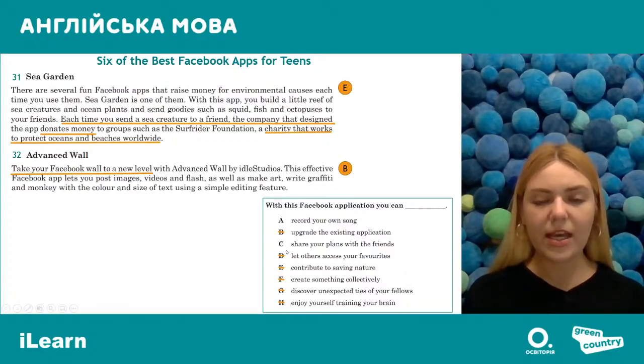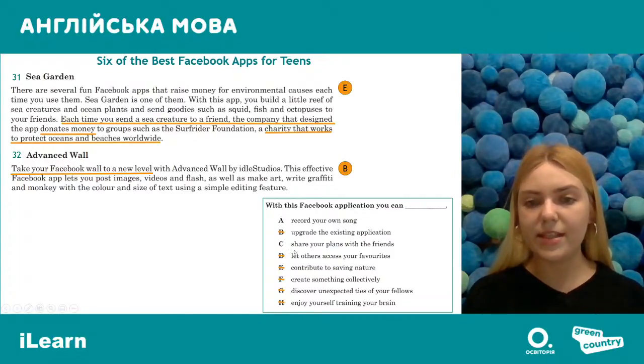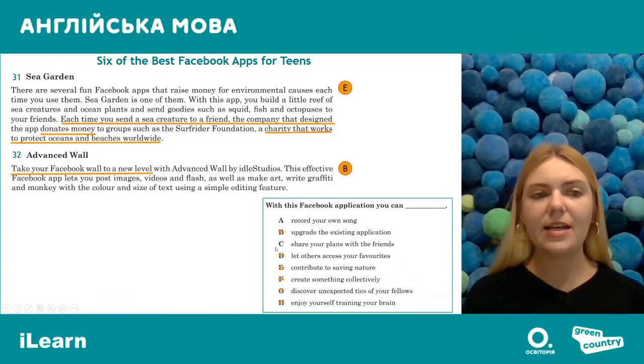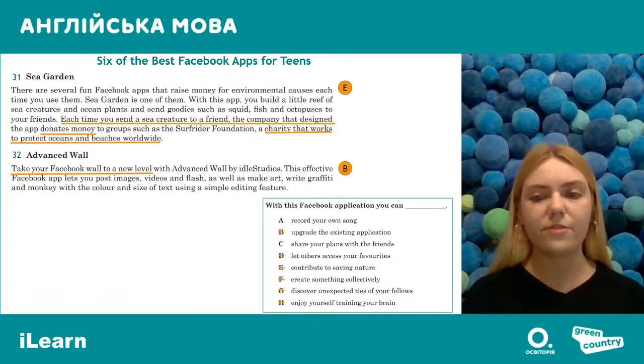So let's read them and let's make sure that we had no information about it in the text. So we have C, share your plans with your friends. Yeah, and we've discussed with you that it's very easy to make a mistake and to choose it for the first text, for number 27, but in the text you don't have any information about the plans. So C is not suitable.